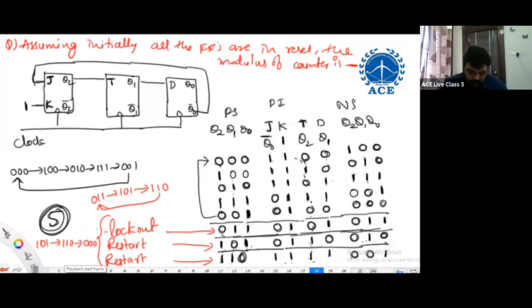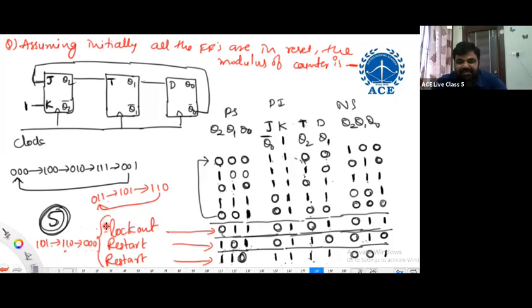Check it correctly. 101 is unused, and the next state is also unused, but from that unused state it goes to 000, which is used. It may not come back to a used state in one clock cycle; it may come back after a few clock cycles. That is also restarting.